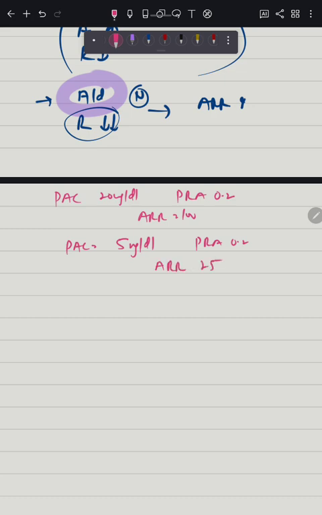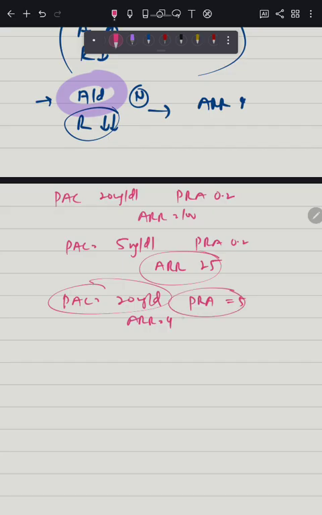The ratio looks high, but aldosterone is not high, so it's not diagnostic. And the third case is PAC of, for instance, 20 nanograms per deciliter, plasma renin activity of 5 and ARR of 4. Aldosterone here is high, but renin is not suppressed. Plasma renin activity is also increased here, so this looks like secondary hyperaldosteronism.